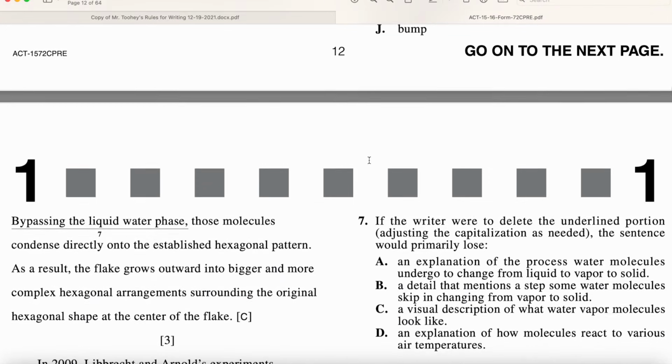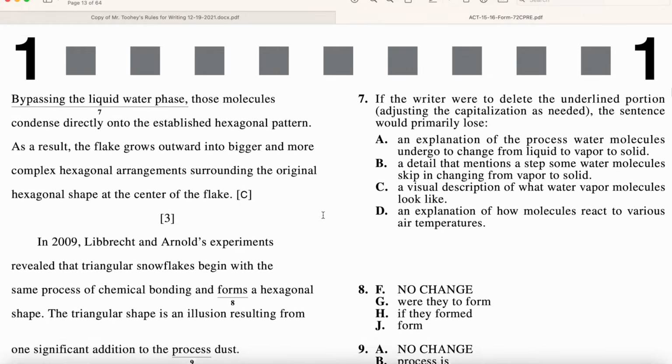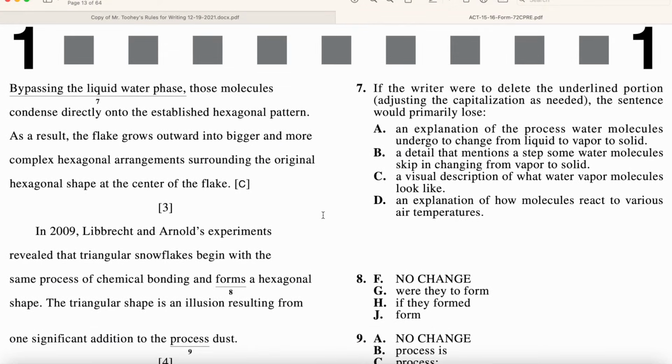Let's keep rolling. Let's do question number 7. Go ahead and read the underlined portion. "Bypassing the liquid water phase, those molecules condense directly onto the established hexagonal pattern." Great. Now read question number 7. "If the writer were to delete the underlined portion, the sentence would primarily lose..." Do you understand this question here, Abdul?